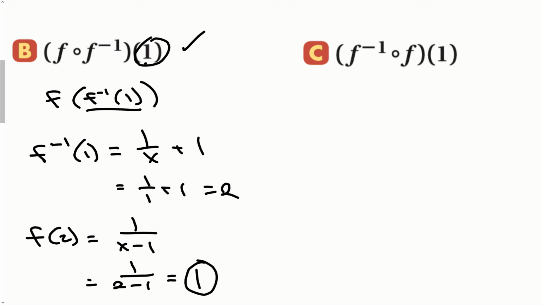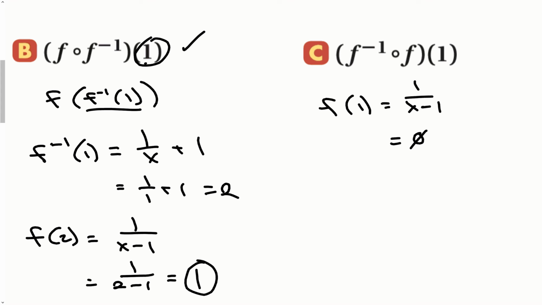But if we look at the opposite, if we try to do f inverse of f of 1, oops, 1 over x minus 1 was my original function. If I try to plug in 1 there, that is undefined. Okay?